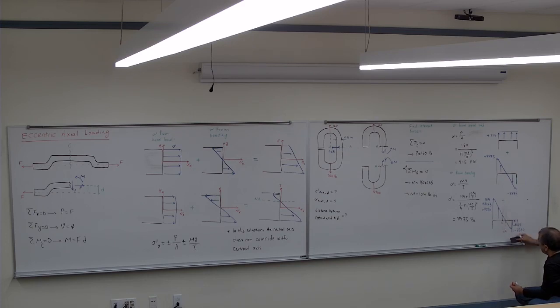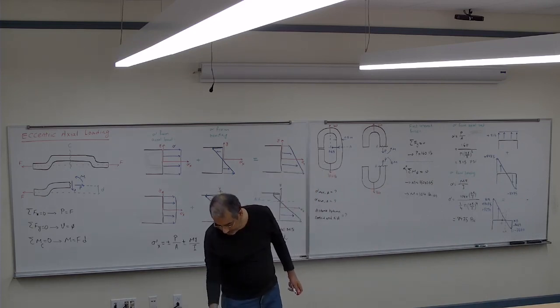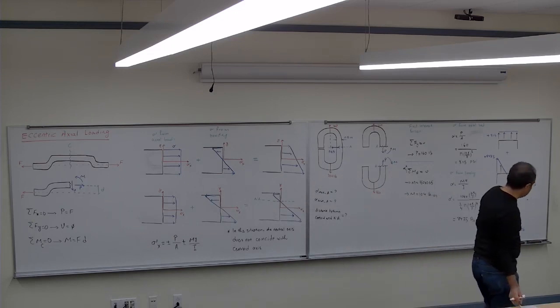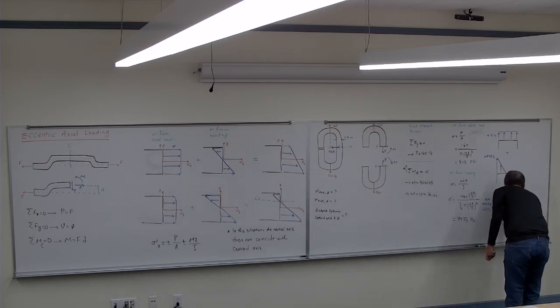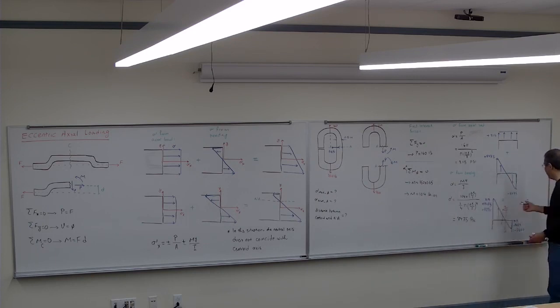We assume the book considered y, I don't know why, but I'm going to just do the same thing so I can read the book. They assume that this distance is y naught. So how can we find the y naught? Where is the y naught?